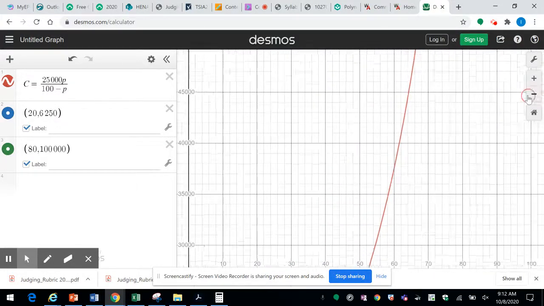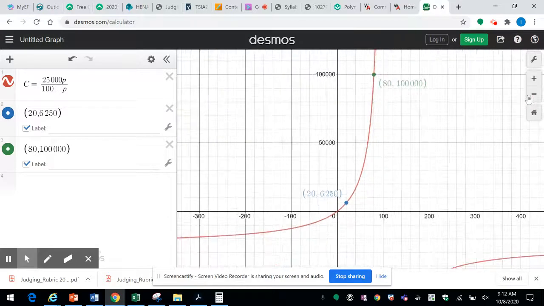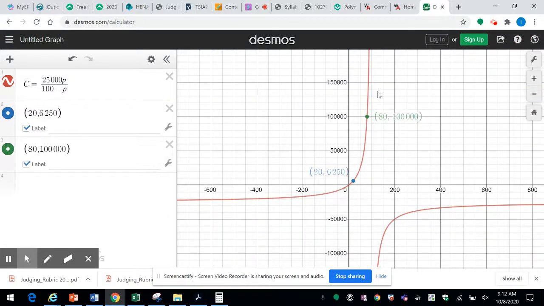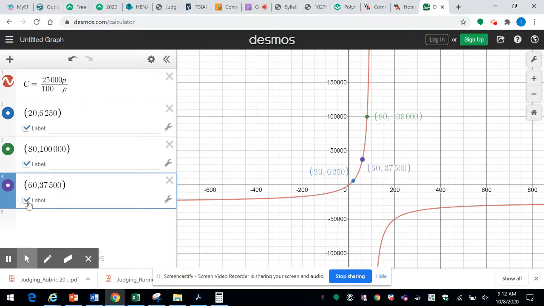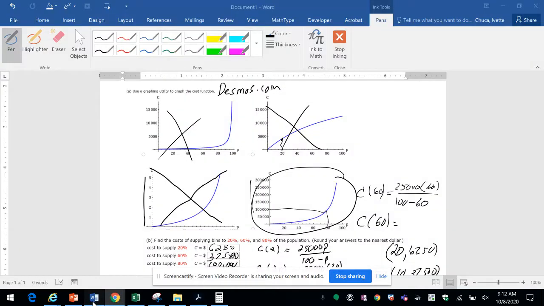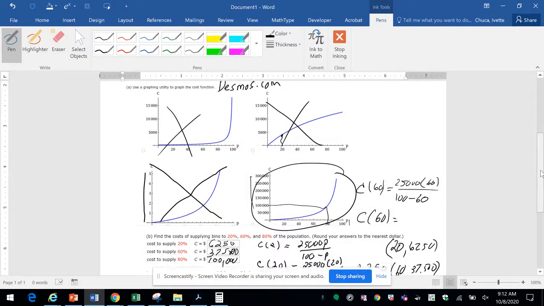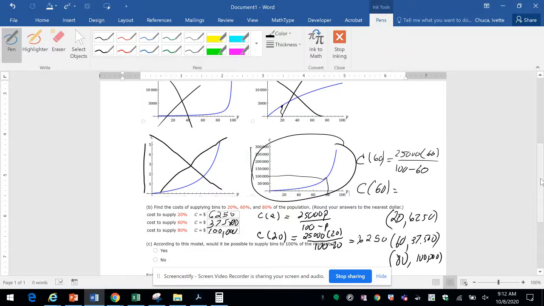So we can zoom out. Okay, so you can see it there. And you can put the third one if you like, 60, 37,500, and so on. So again, by doing part B, it helped me to eliminate the answers above.